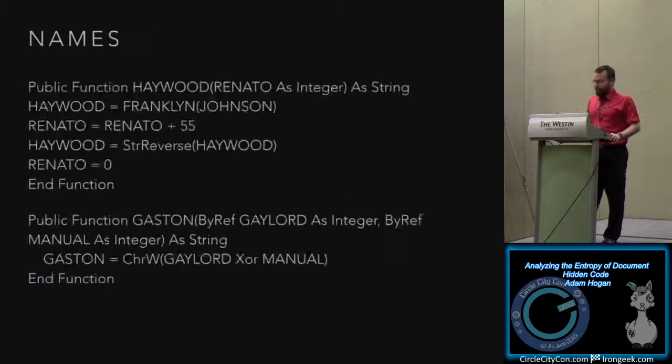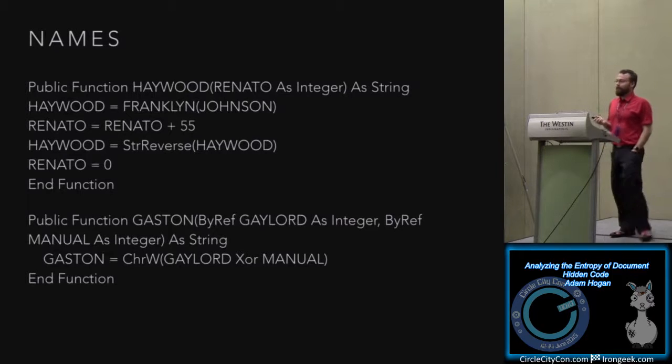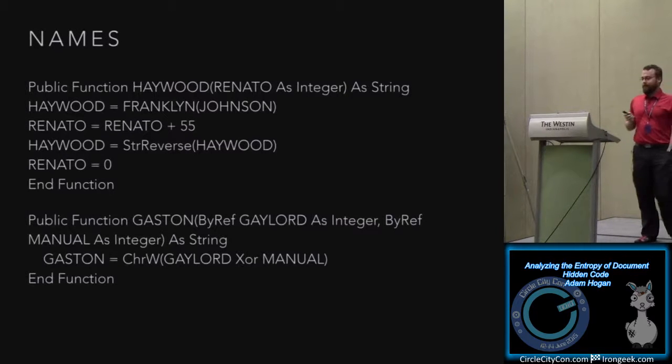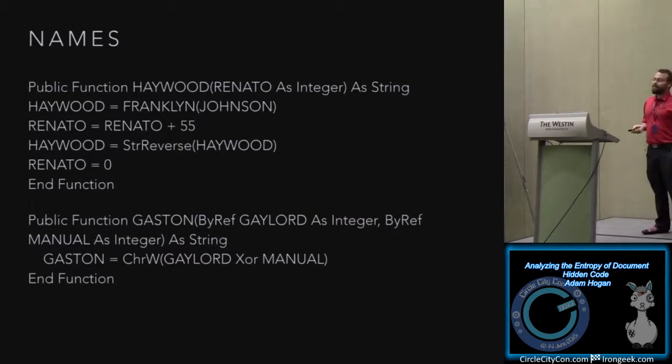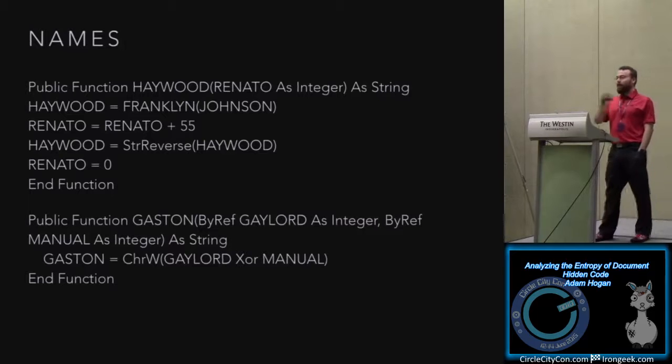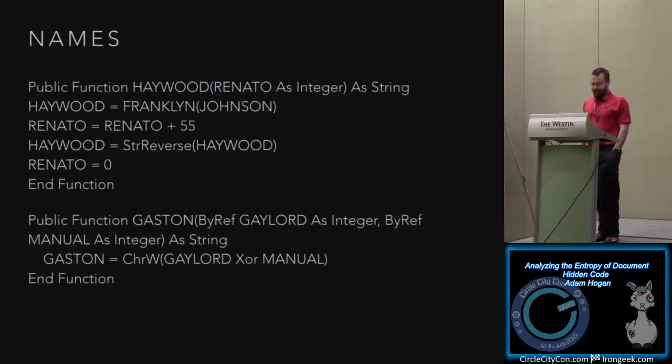Take a look at this one. So what transcends language? Names. Names get used a lot across different languages. And sure enough, I've been quite outsmarted here. This is actual malware. Instead of randomized variables, they're just picking names.